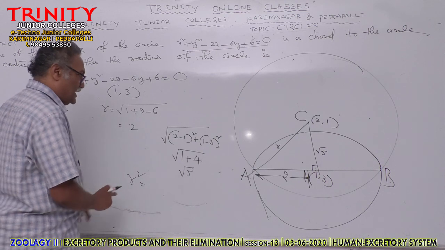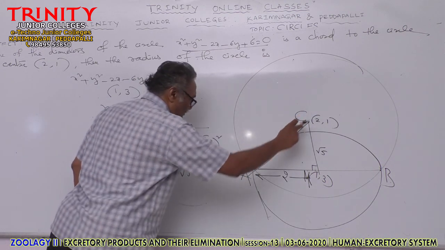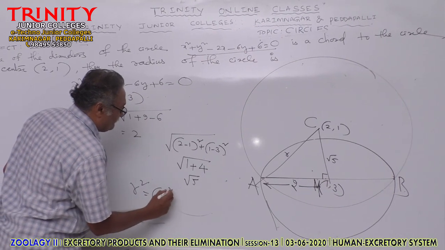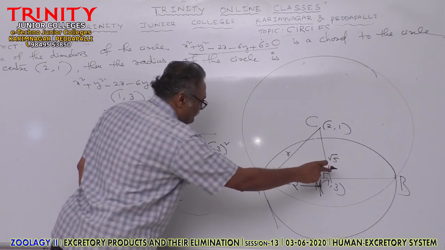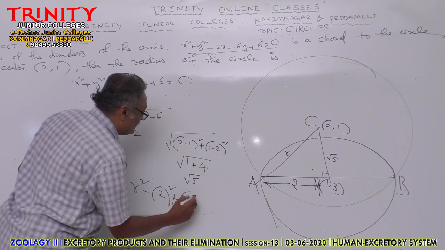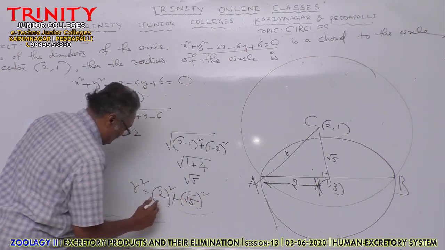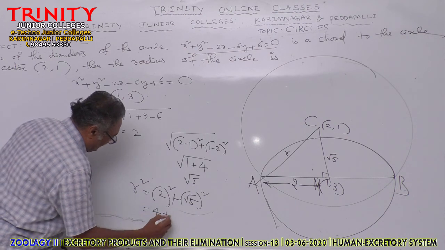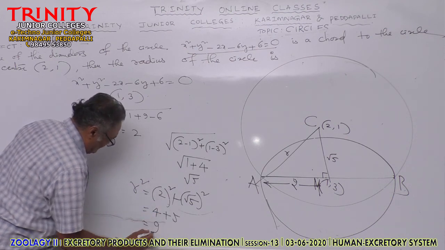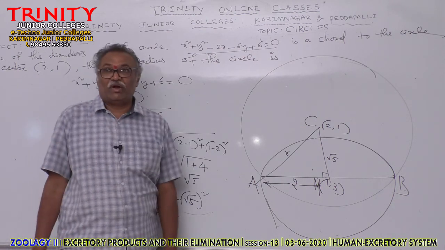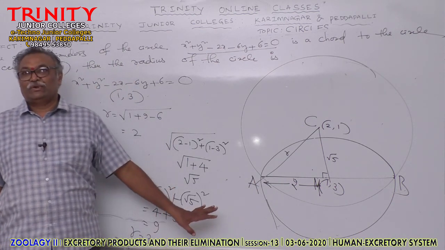In the triangle, AC square is equal to AM square plus CM square. It is 4 plus 5, 9. R is equal to 3. So the radius of the required circle is 3 units.